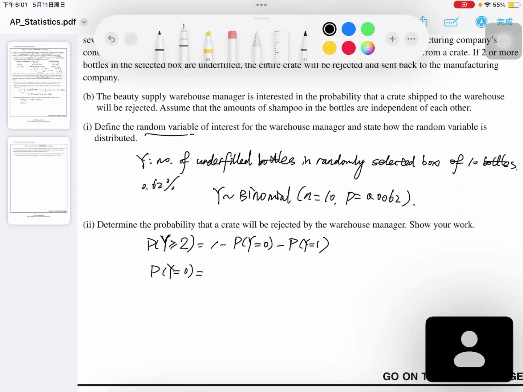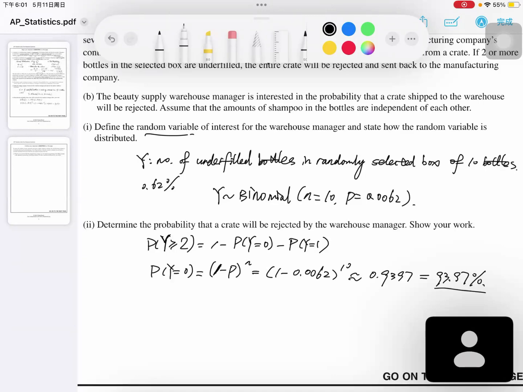Since it follows the binomial distribution, it equals (1 minus p) to the power n, which is (1 minus 0.0062) to the power 10. So the final result is 0.9397.